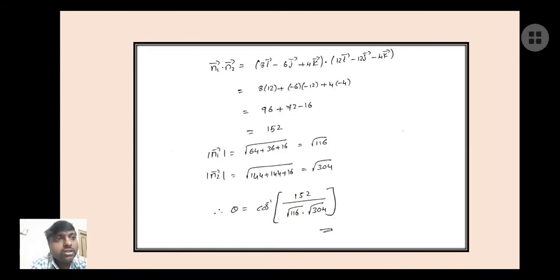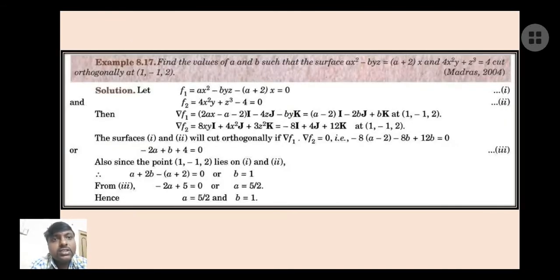Okay, now I go through the next example here. See here, it's an important example. Find the value of a and b such that the surfaces ax square minus byz is equal to a plus 2 into x and 4x square y plus z cube is equal to 4 cut orthogonally at the point.